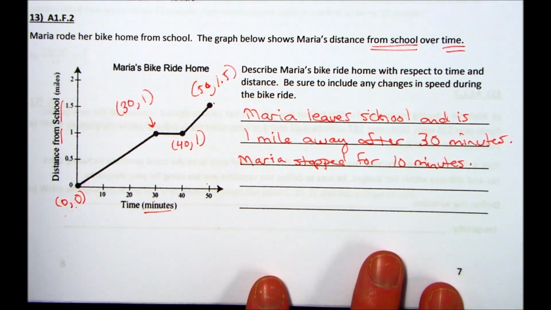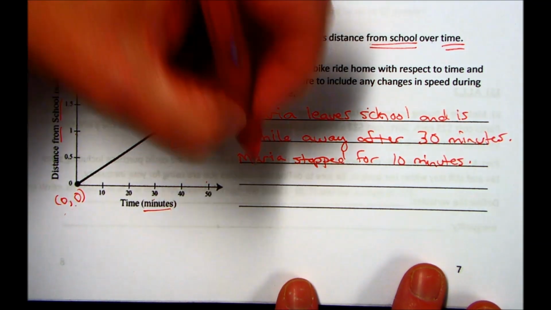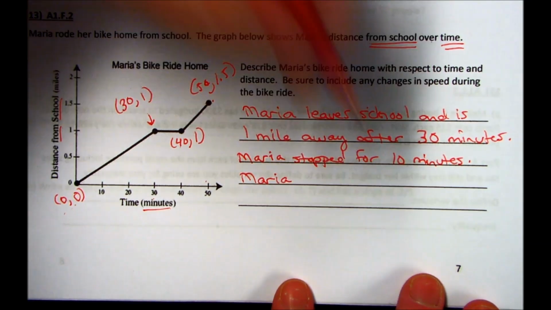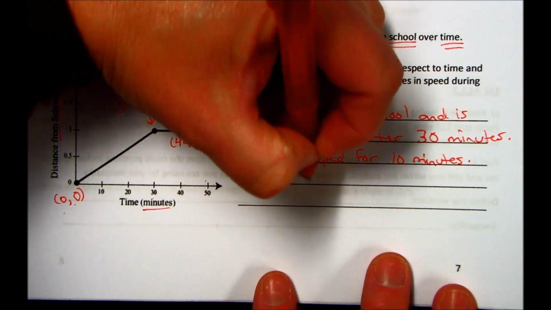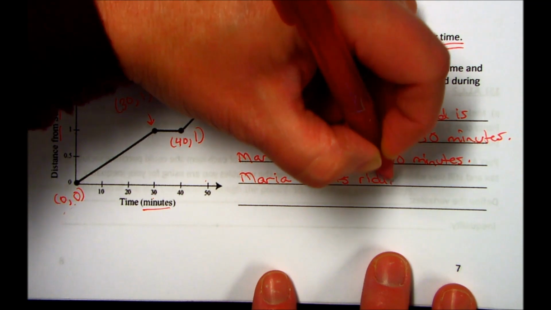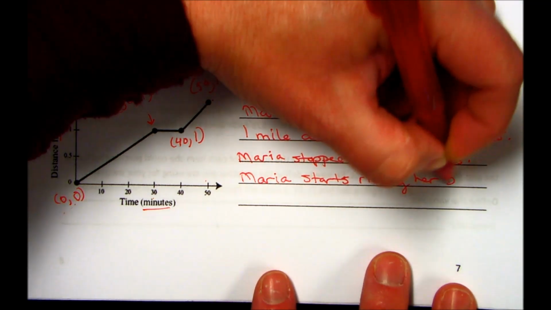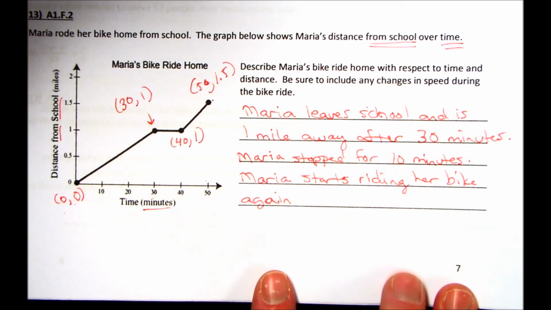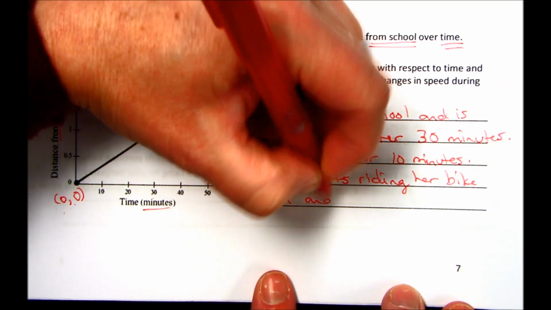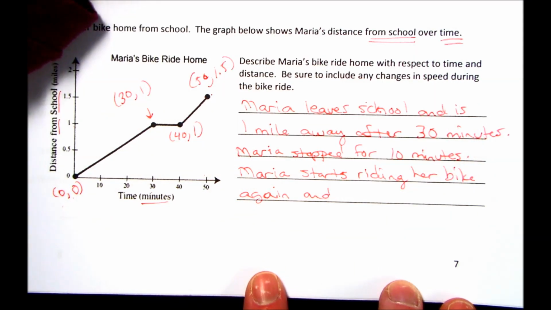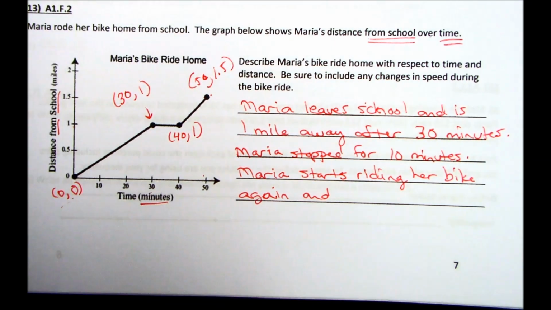So Maria continues, or starts riding her bike again. I'm not sure if I should say she gets home, because I can't assume that.